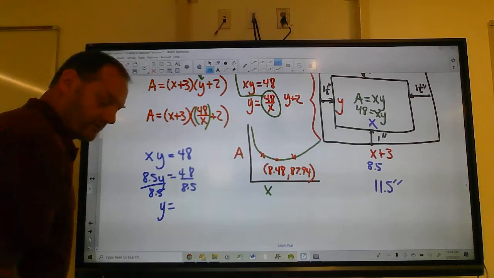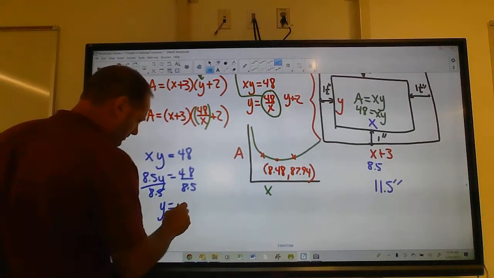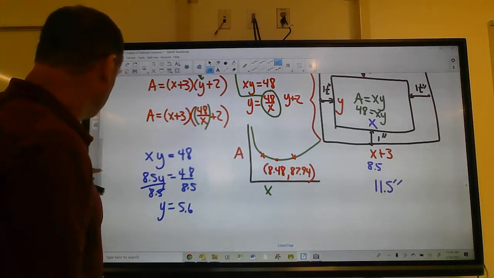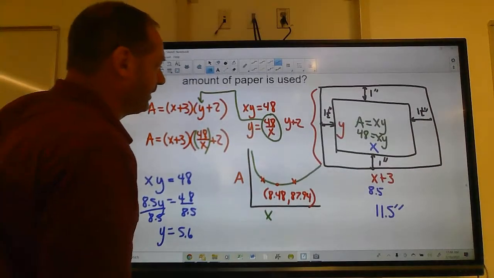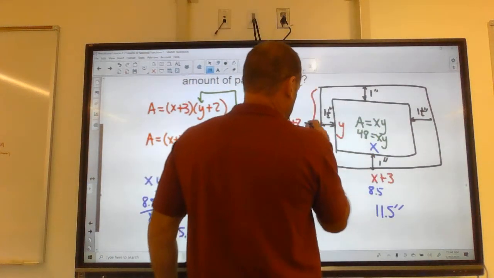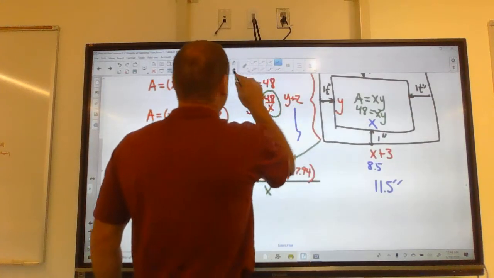And y is going to be 48 divided by 8.5, which comes out to be 5.6, rounded to 1 decimal point. Okay, so that's y. Now I've got to add 2 to that because I've got this margin and this margin. So this side over here is going to be 7.6.